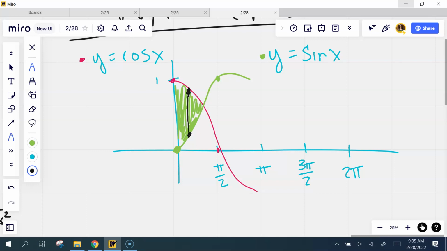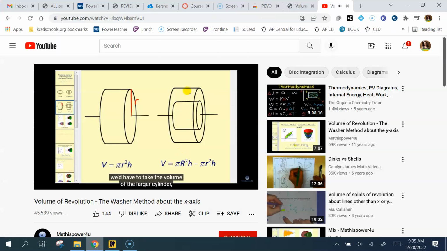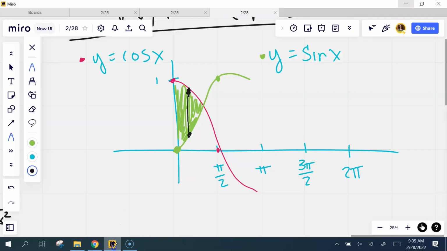But because I'm on the x-axis and I'm rotating around the x-axis, this part right here is a hole, and it gets bigger as I go to the right, but it's still a hole in it. If we're rotating around the x-axis, then it would make the shape. What's the bottom? Yes, the bottom bit.